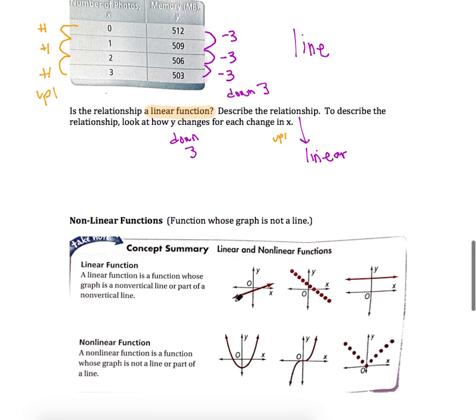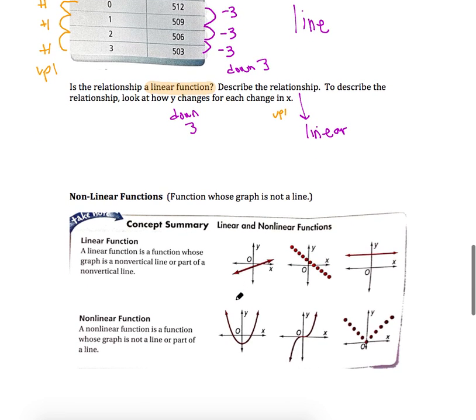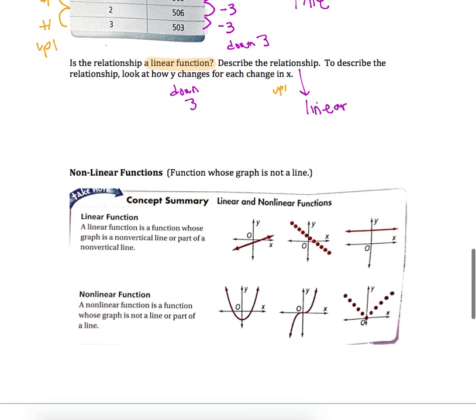So now that we've got three good examples of a linear function, we want to take a look at a nonlinear function. Nonlinear functions are functions that aren't going to make lines. For instance, these three functions in this top row are all linear.